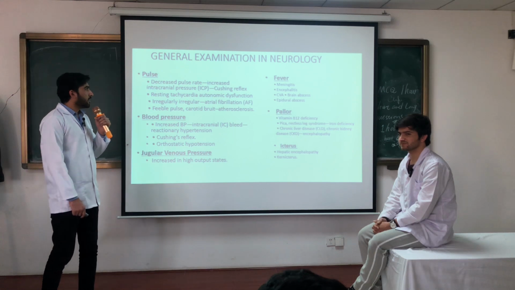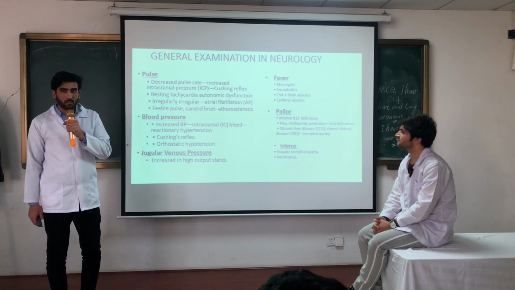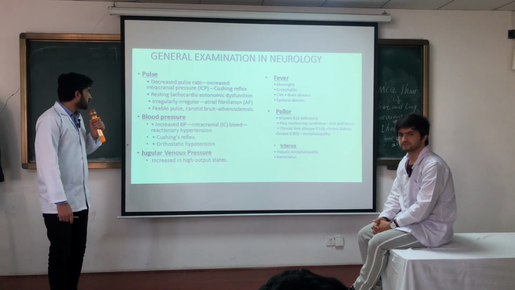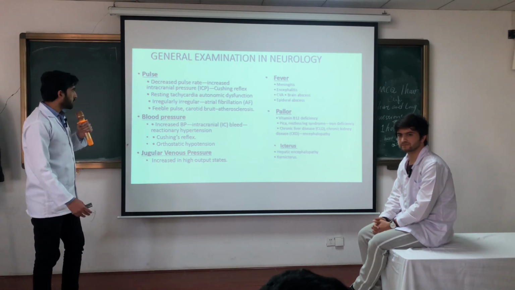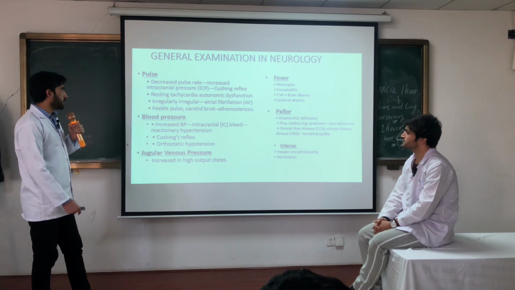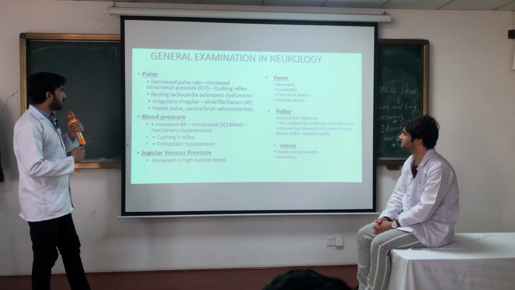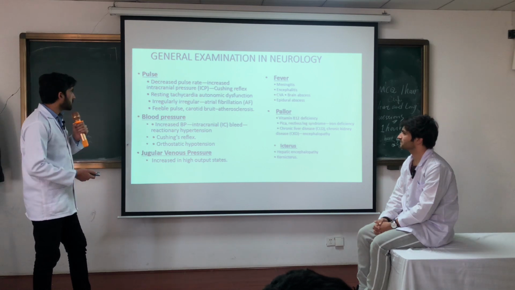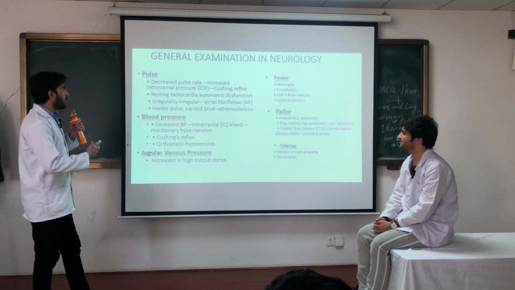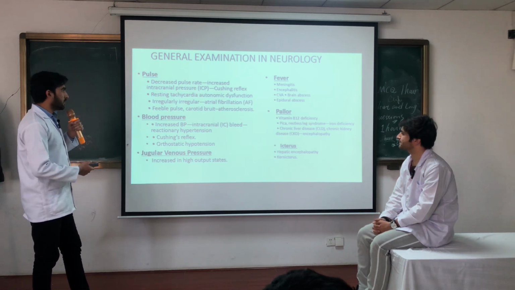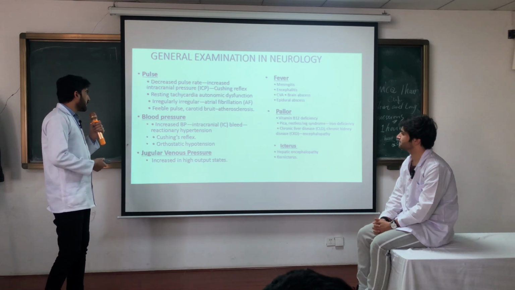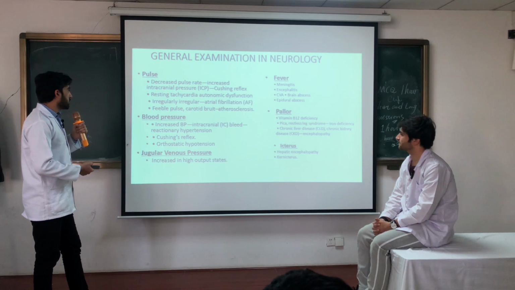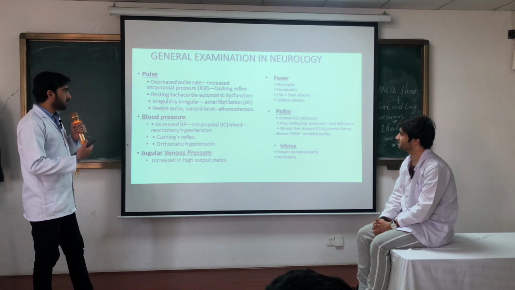First of all, in every systemic examination, we have to measure some general vitals like pulse, blood pressure, jugular venous pressure, fever, and pallor. These will be disturbed in some neurological conditions, like decreased pulse rate in Cushing reflex, any condition which leads to increased intracranial pressure, and resting tachycardia and atrial fibrillation and feeble carotid pulse in atherosclerosis.